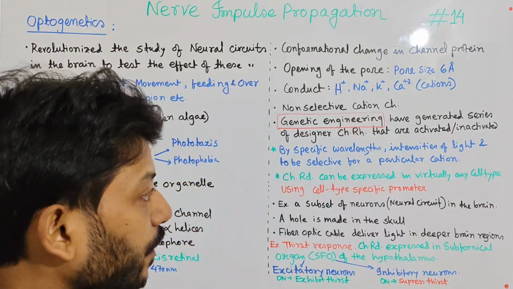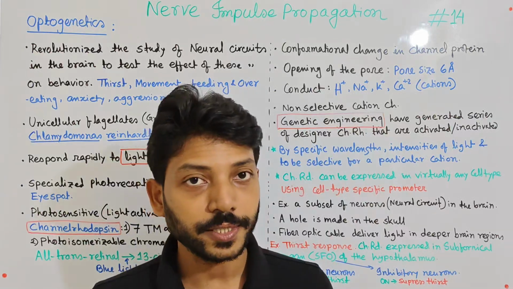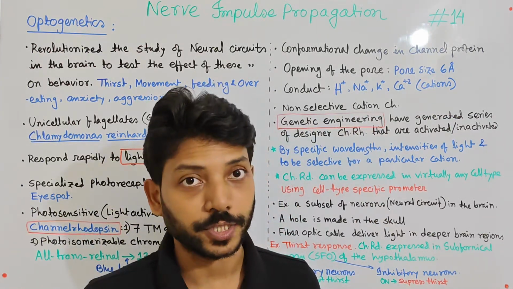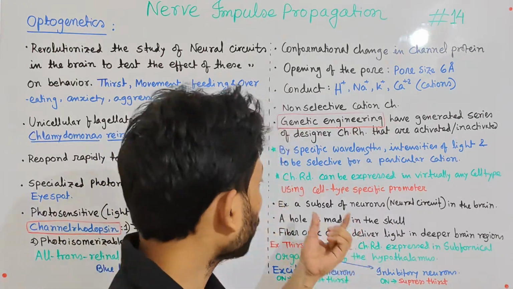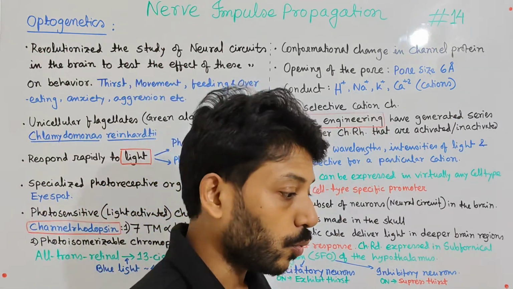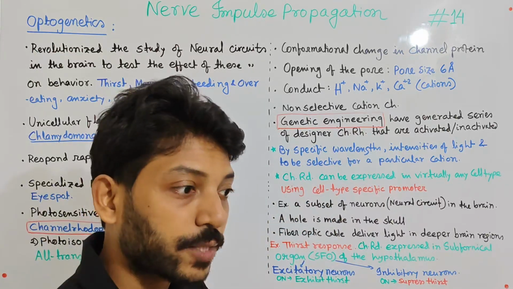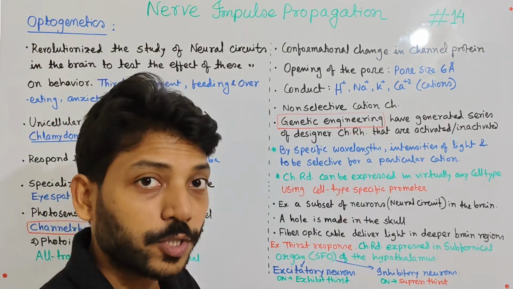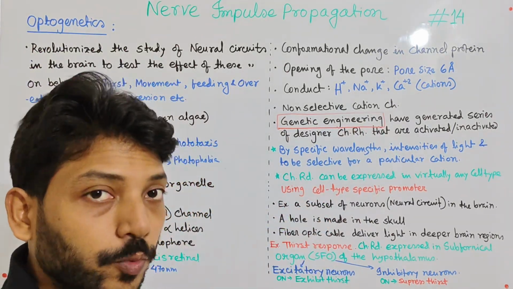By using a cell type specific promoter. There are many different types of cells present in our body, and these cells use different promoters to make different proteins specific for their own usage. If we want to express channelrhodopsin protein in, suppose, a neuron, we have to put the channelrhodopsin gene under a particular promoter that is expressed in a neuron. So by genetic engineering, we can express channelrhodopsin in virtually any cell type using a cell type specific promoter.